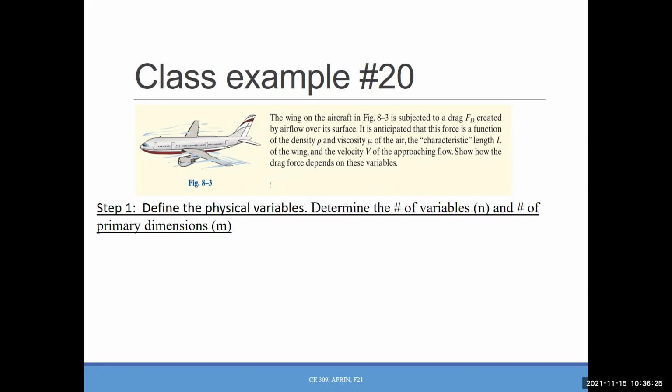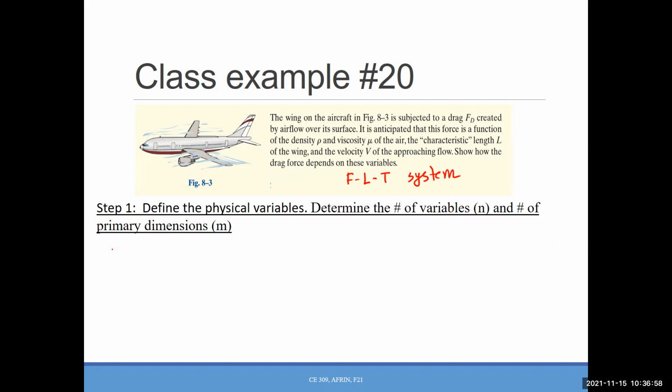How can we work with these variables? Now, step 1 is to define the physical variables, and determine the number of variables n and the number of primary dimensions m. They didn't mention anything here, so you can work with the MLT or FLT system. I will work with the FLT system for this one. Okay. So the first thing, determine the physical variables.